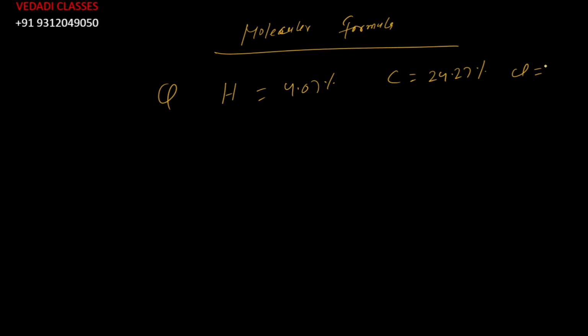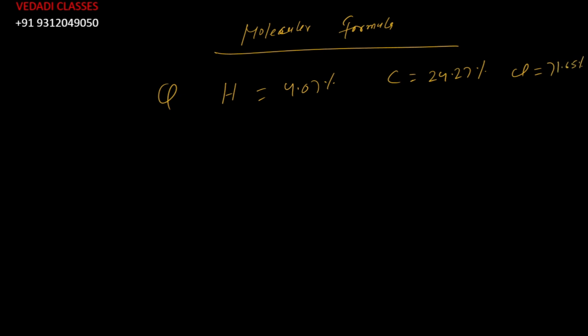So you should be very careful. You should not write Cl2 or H2 like this, because that will be molecular form. The values are always given in the atomic, elemental form. So chlorine is 71.65%.